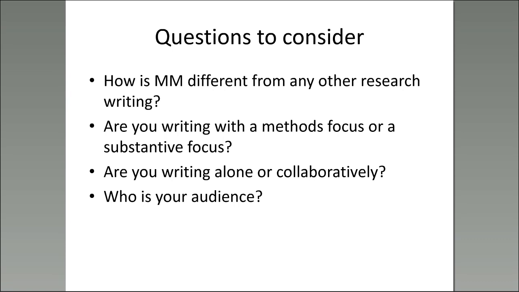Whether you're writing alone or collaboratively makes a difference primarily in terms of the problem of having to liaise in a team. If you have different people working together in a team, then potentially you have different styles of writing to contend with. And that's something that you need to negotiate between yourselves.